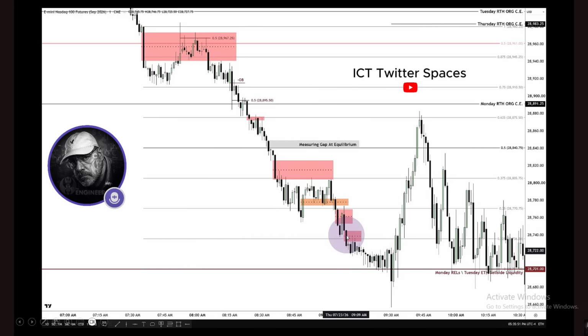Now, if you're going to be using new week opening gaps and new day opening gaps, you have to have 2 of them in agreement, one above, one below where market price is, at the beginning of 2 a.m. Eastern time. So now you're in the London session. If you're bearish, you're going to find the first new day opening gap and look back, or new week opening gap and look back.